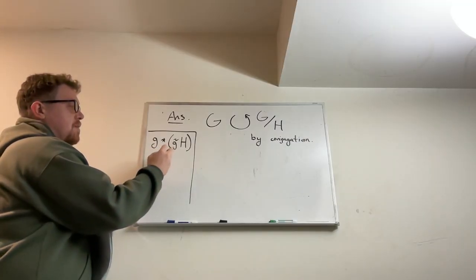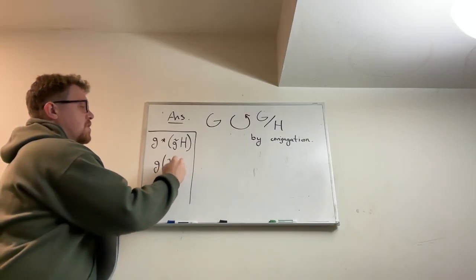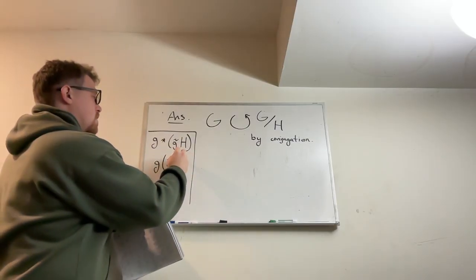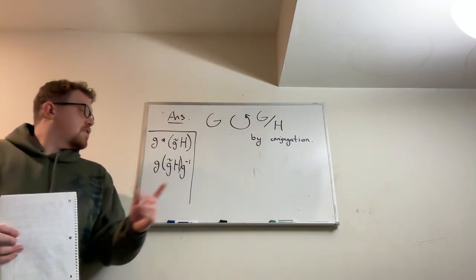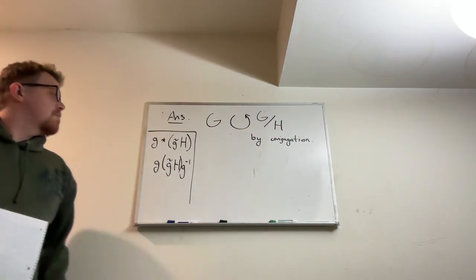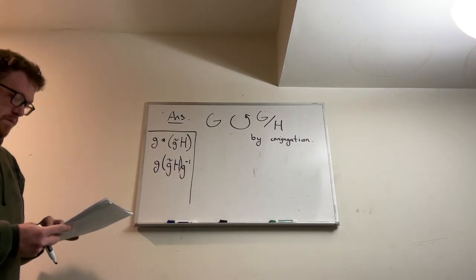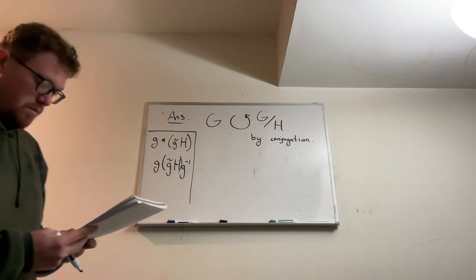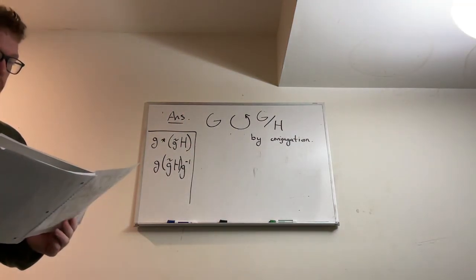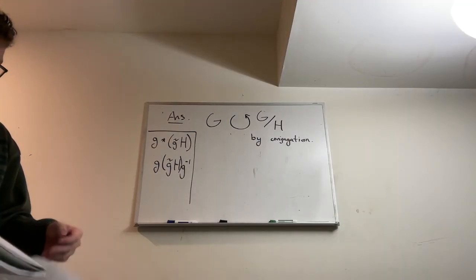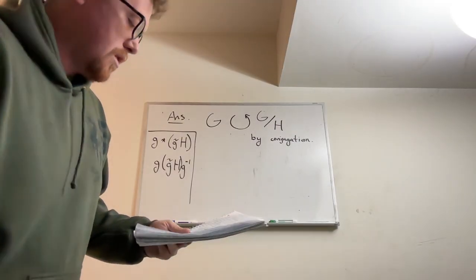So I send it to g tilde H g inverse. And this should be some other left coset. Conjugation.